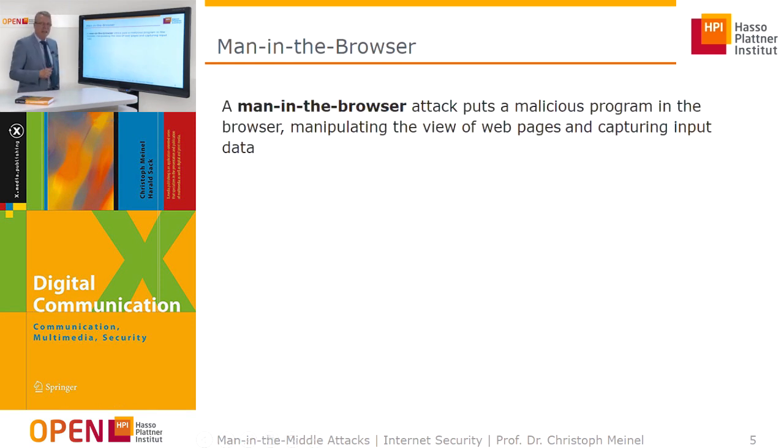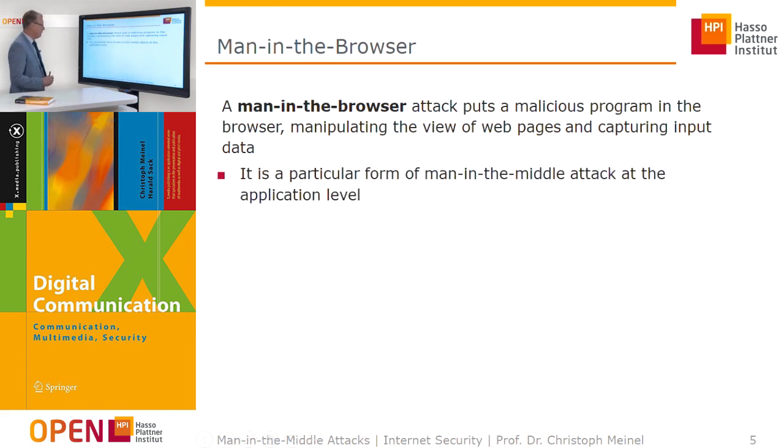Another man-in-the-middle attack is on the browser level, the man-in-the-browser attack. The man-in-the-browser attack puts a malicious program in the browser, manipulating the view of web pages and capturing input data. So it is a particular form of a man-in-the-middle attack at the application level.